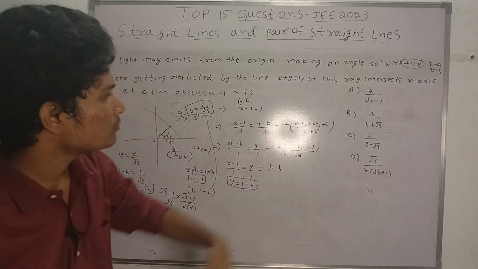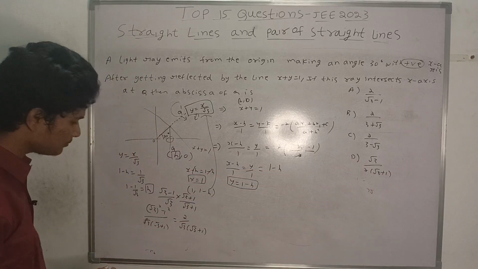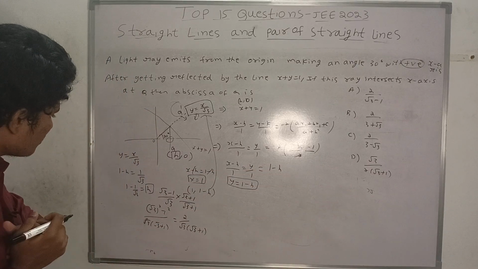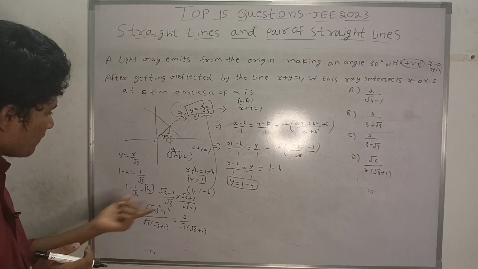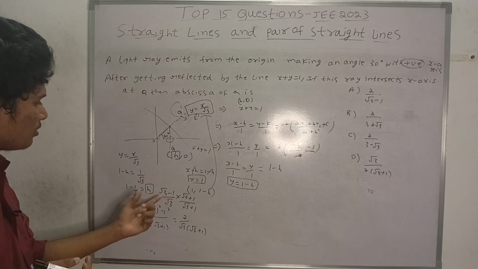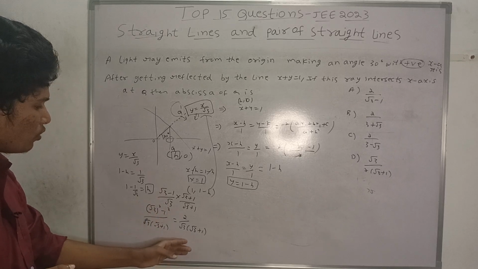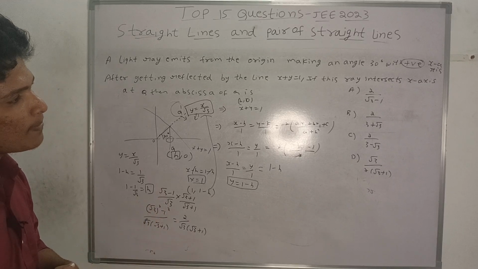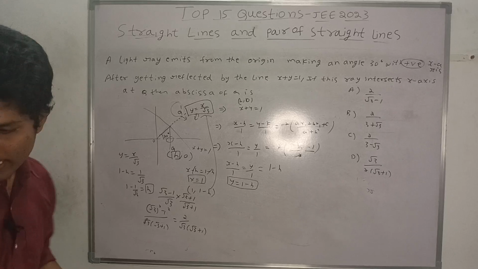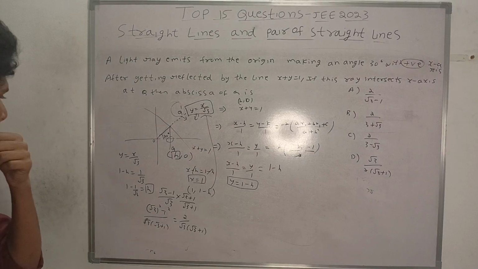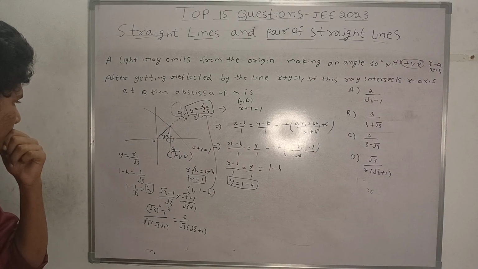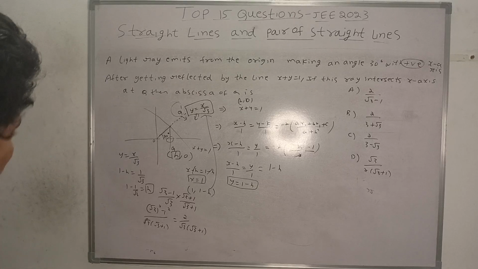One second, is this correct? Root 3 minus 1 divided by root 3, root 3 plus 1, that is 3, 3 minus 1, that is 2, root 3 into root 3 plus 1, yes, it is correct. But there is no option here. Why? One second.